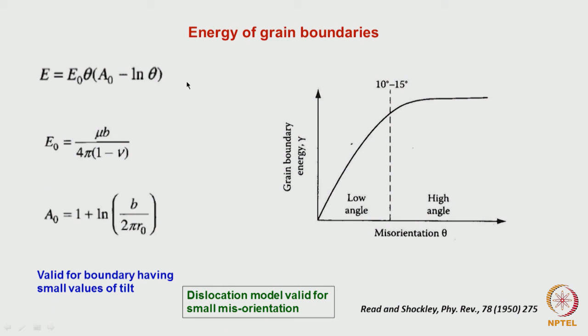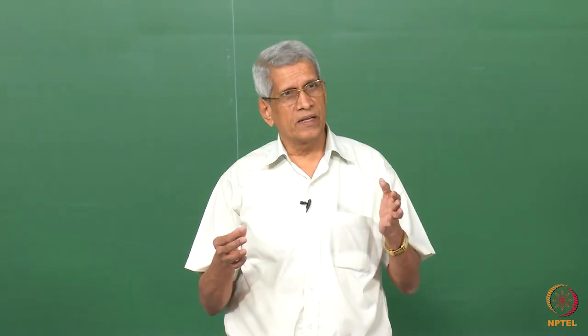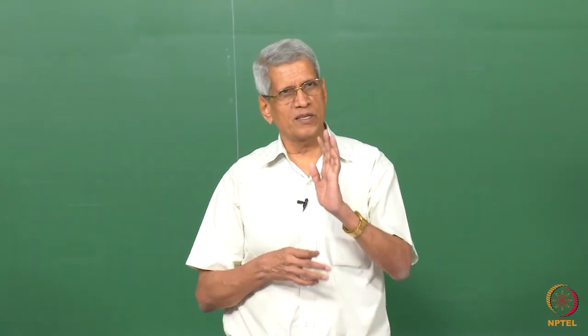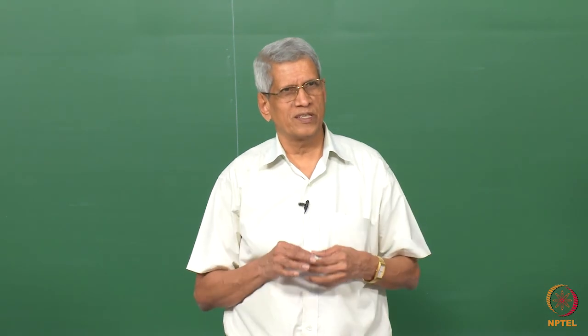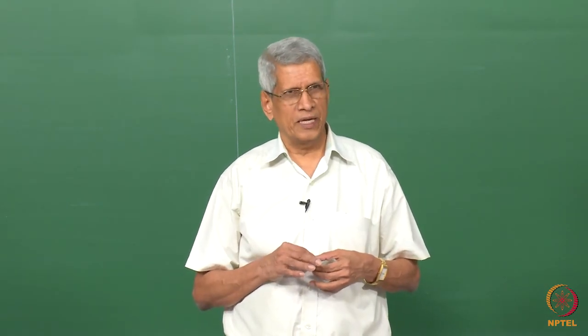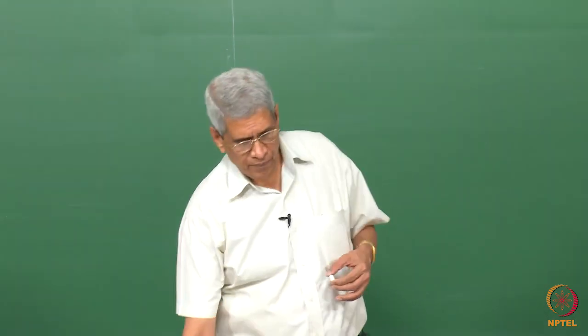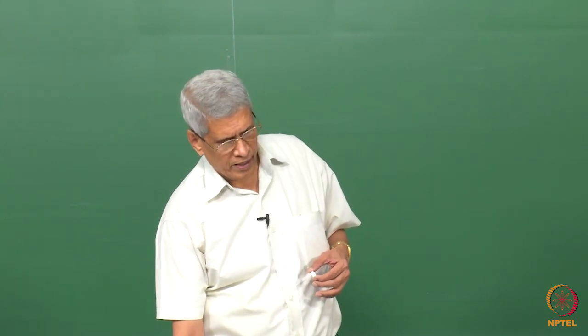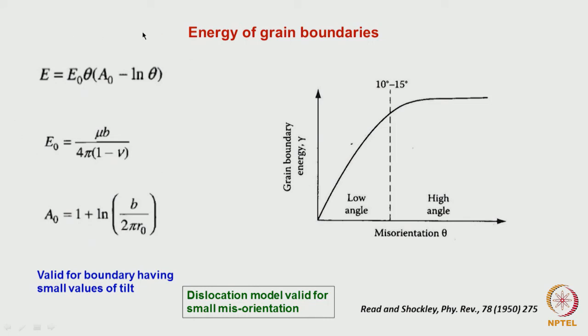If the separation between the dislocations becomes so small that the cores of the dislocations start merging, then the concept of telling that the dislocation is responsible for this boundary itself loses meaning, correct? So this sort of equation is applicable only for a low angle tilt.